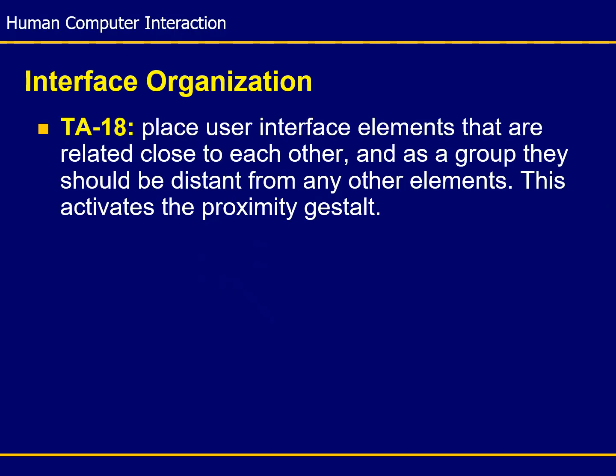Okay? So the takeaway is that you place user interface elements that are related close to each other, and as a group, they should be distant from any other element. And this will activate the proximity gestalt. Again, remember, proximity gestalts and all the gestalts are like programs that the perceptual processor pipes the perceived, or if we're talking about vision, the viewed scene, through, and either the gestalt gets activated or it doesn't get activated.